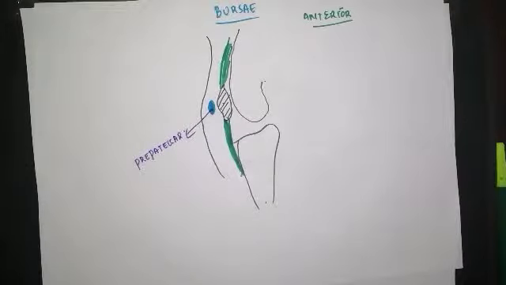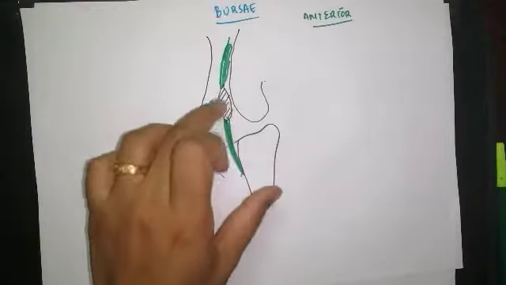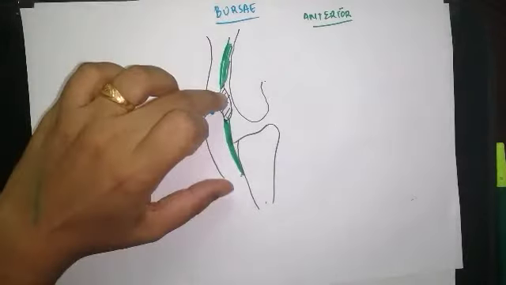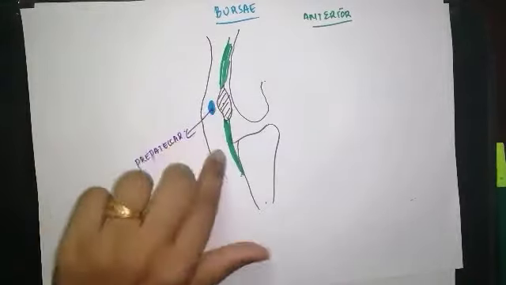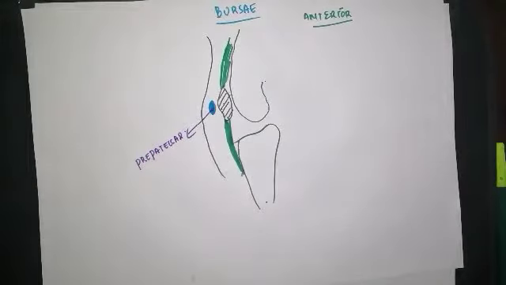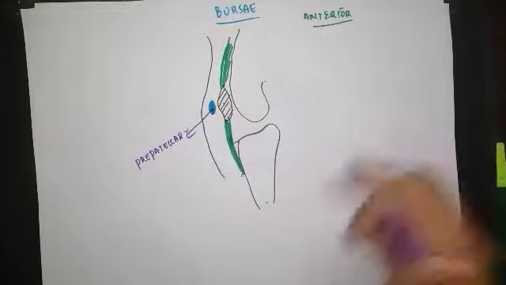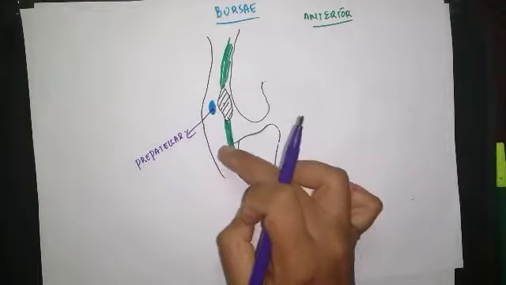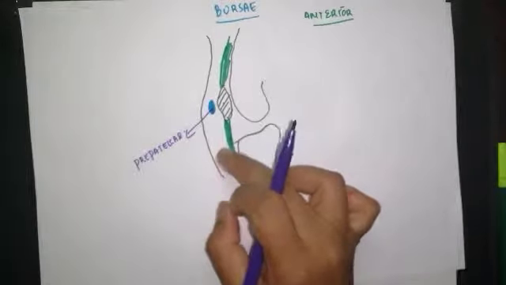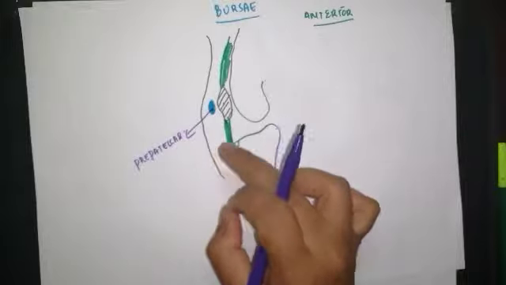So we have another subcutaneous bursae here, which is related to the patella. This one is located below the patella but in the subcutaneous plane, so it is known as the infrapatellar. As it is located in the superficial part, it is known as subcutaneous.